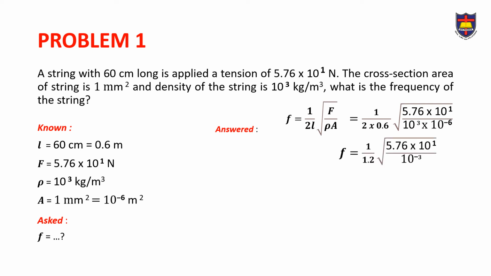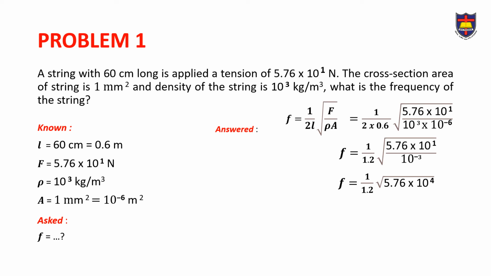Okay, we can simplify: 1 over 1.2 times the square root of 5.76 times 10 over 10 to the power of minus 3. And we can simplify it again: 1 over 1.2 times the square root of 5.76 times 10 to the power of 4.